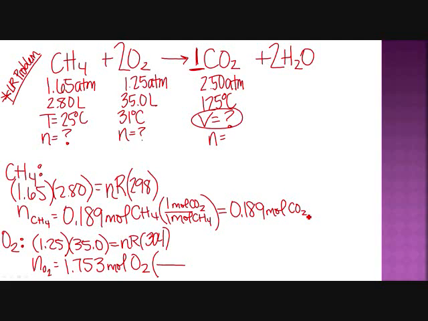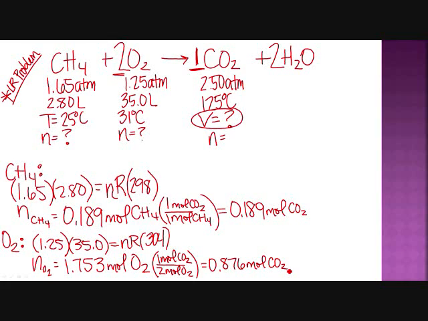We have to compare that to the moles of O2. For the O2 mole ratio, it's still 1 mole of CO2 in the numerator, but this time we have a 2, so we have to divide by 2. So what do we get? 1.75 divided by 2 is 0.876. Okay, we're almost there.